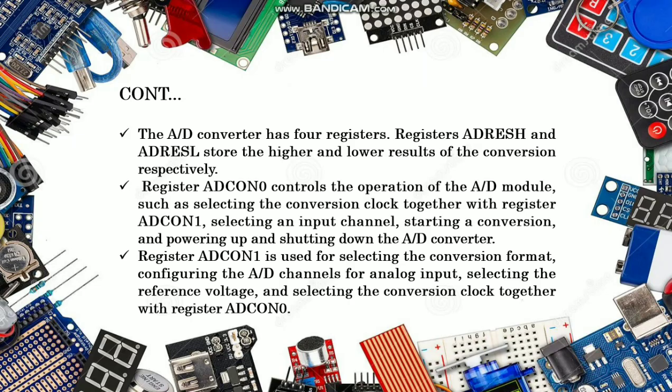The ADCON0 and ADCON1 registers are used for clock conversion. ADCON0 controls the operation of selecting clock conversion, and ADCON1 is used for selecting an input channel and for powering up or shutting down the analog to digital converter.